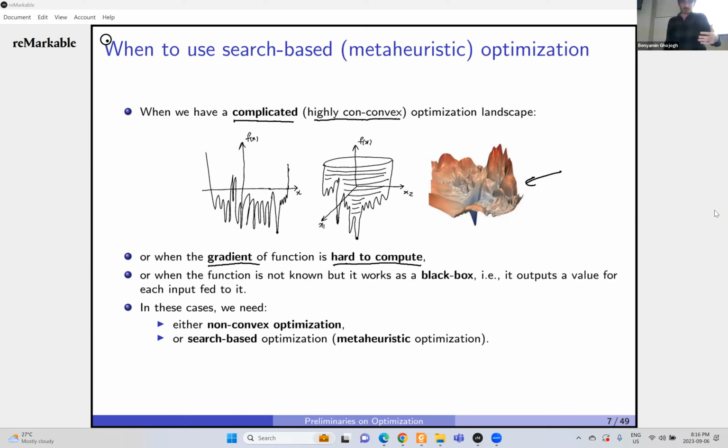Rather than metaheuristic optimization, when you can calculate the derivative and when it is not a black box, you can do another thing too. That's called non-convex optimization. There are some methods for that. For more information on non-convex optimization, you can see my course on classical optimization on YouTube.